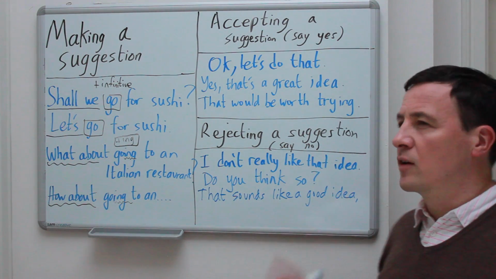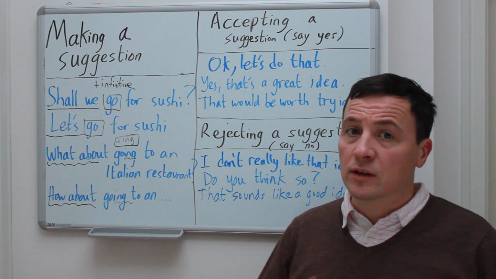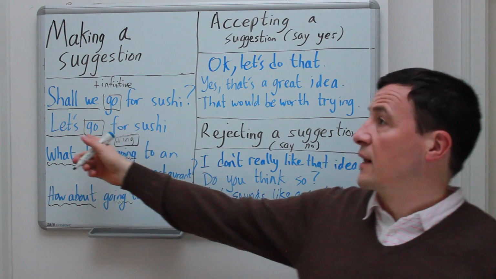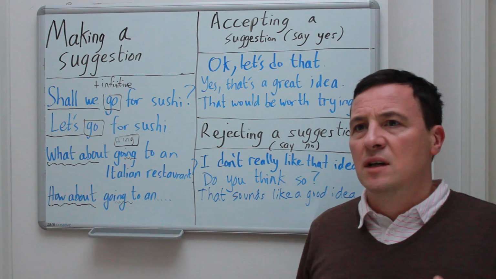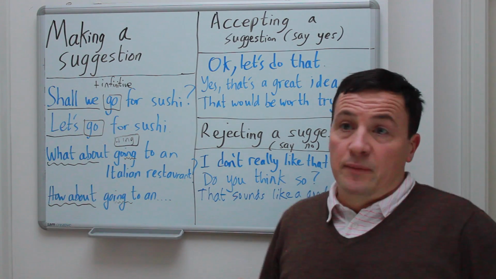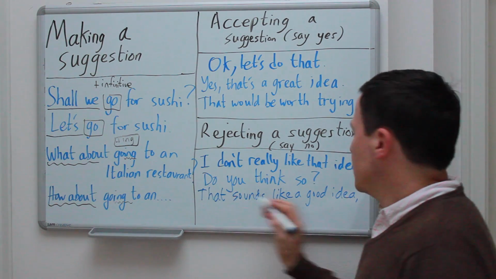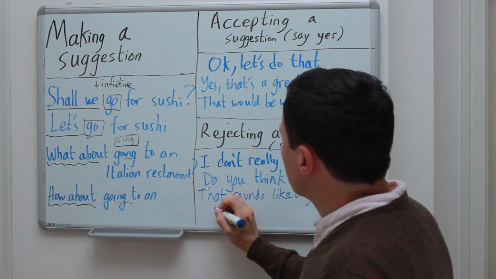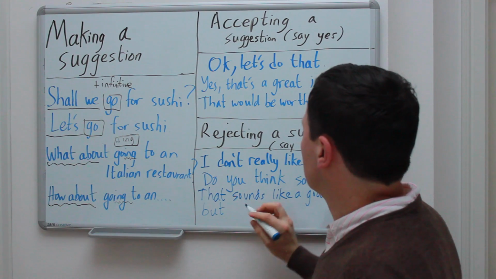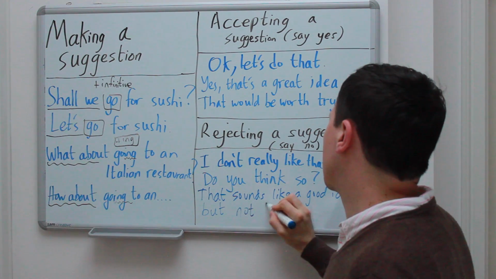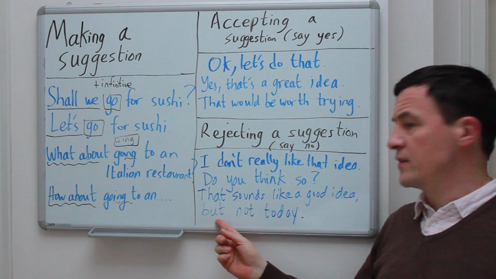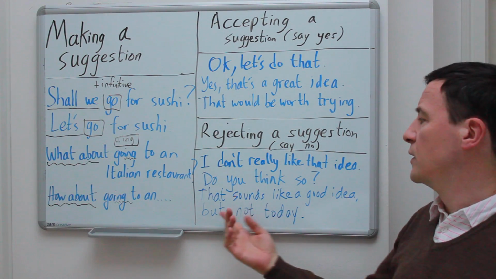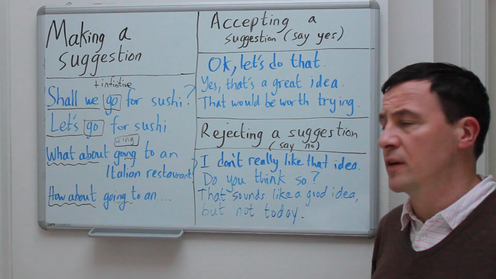Or that sounds like a good idea, but I don't think it would work. Or if it's like, let's go for sushi, you could say, it sounds like a good idea, but not today. Or I don't think it would work, or you can use different alternatives here.